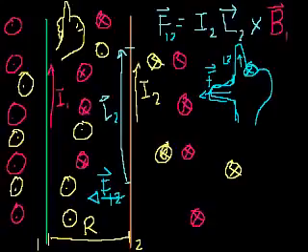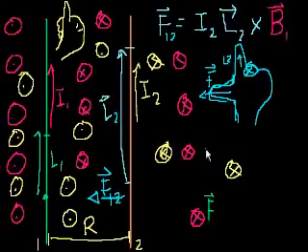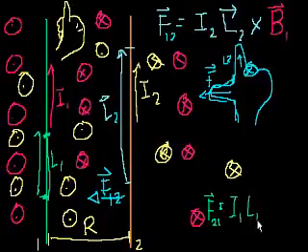So then we can write down the force, and let's take, I don't know, this is some distance. Let's call that L1. So the force from current 2 on wire 1 of length L1, from here to here, is equal to current 1 times L1, which is a vector, cross the magnetic field created by current 2.